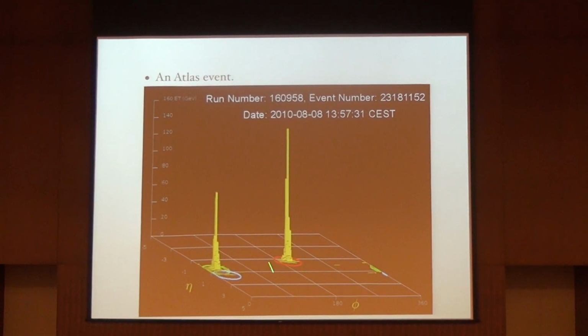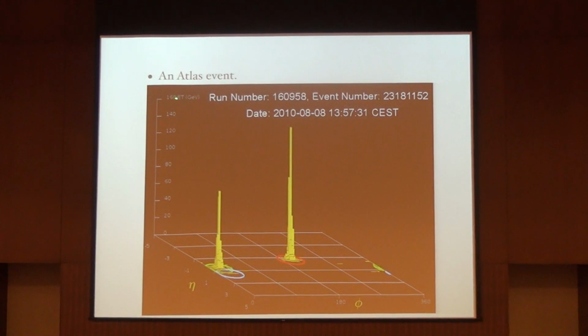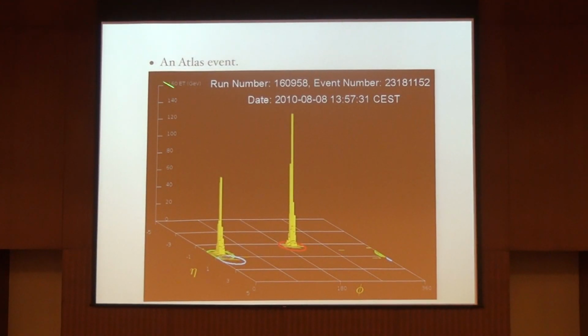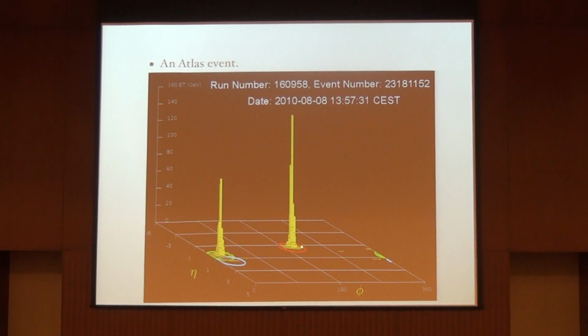This is hundreds of GeV. Here, they call it ET, that's transverse energy. It's the same as transverse momentum. So a lot of transverse momentum coming out in particles in a narrow angular region is called a jet. And that's the subject of this first talk, it's all about jets.